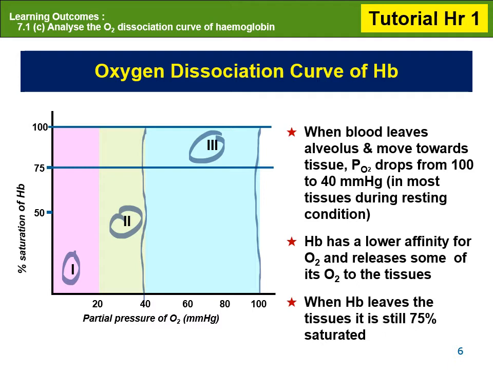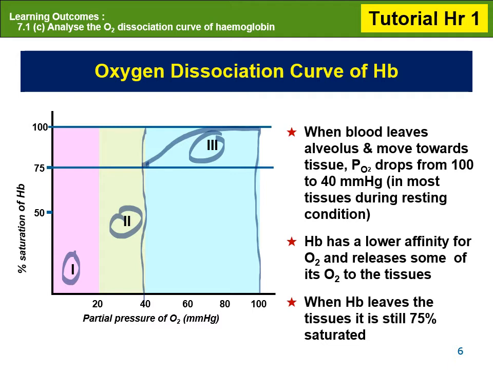So here when blood leave the alveolus or lungs and move towards tissues, the partial pressure of oxygen drops from 100 to 40. So dia akan drop daripada 100 mm Hg to 40 mm Hg.